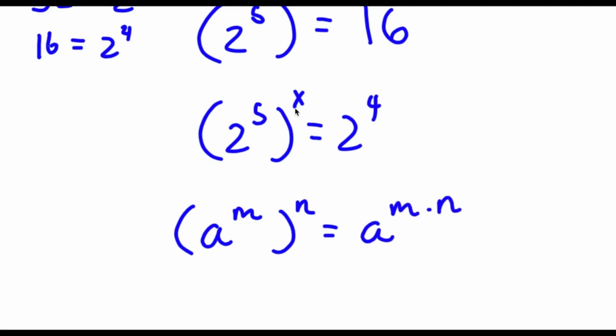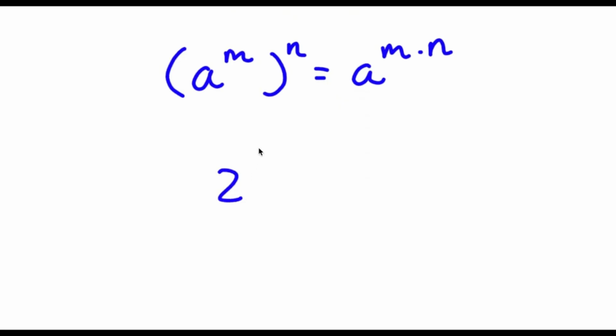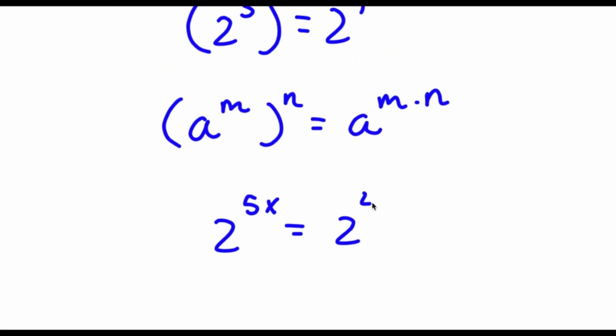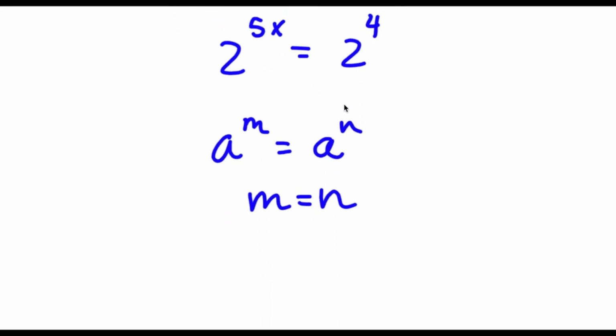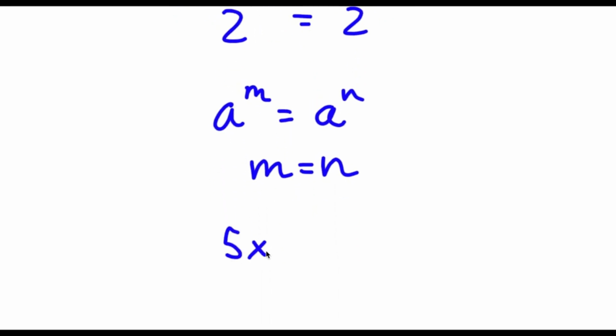So 2 to the power of 5 to the power of x, that's going to equal 2 to the power of 5x, which is equal to 2 to the power of 4. Now, if I have something in the form a to the power of m is equal to a to the power of n, then this means that m is equal to n. So in this case, 5x is equal to 4.